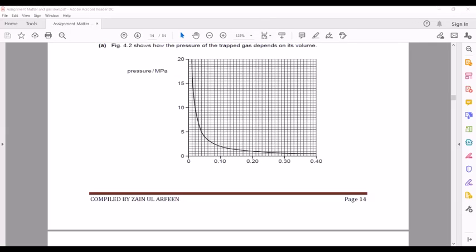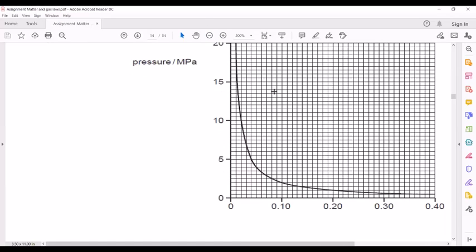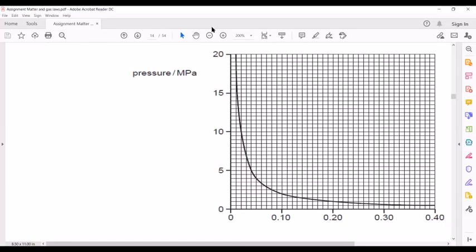So for the second one, look, for the second part, between 0 and 0.1, how many boxes are there? 10 boxes.